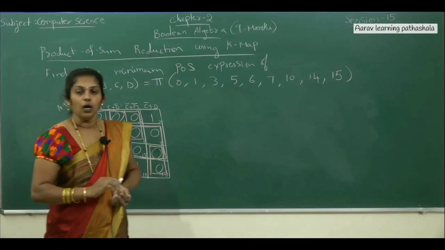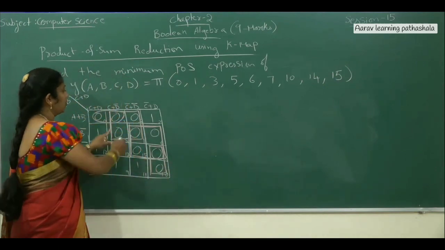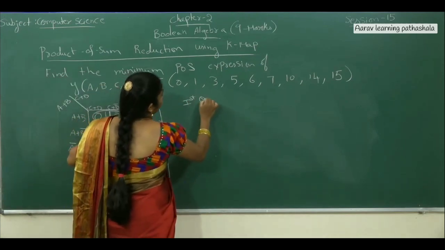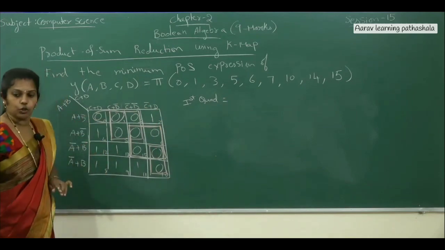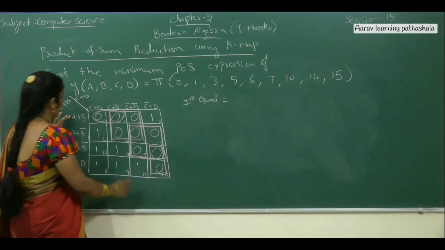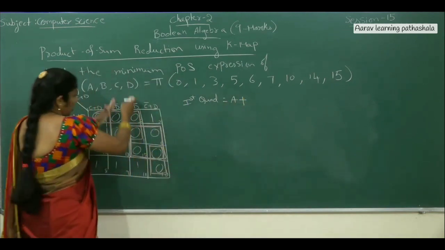Therefore, how to write the reduced form? Before identifying the reduced form, write the expression. First, I'm going to take the first quad. Take the first 2 rows. In these first 2 rows, which is the common factor? A is the common factor. A plus.